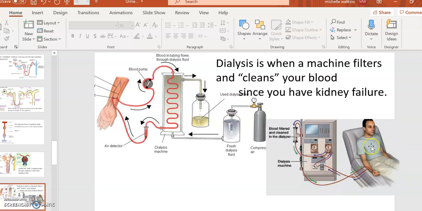And he has to stay hooked up to this for multiple hours, and he has to do it multiple times a week, because otherwise he will gain impurities in his blood, and his blood will be unhealthy. So this is dialysis. This is what happens when a person has kidney failure, and they need to do this until they can get a donor, a new kidney from someone.